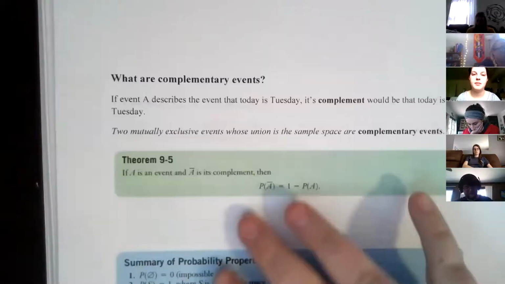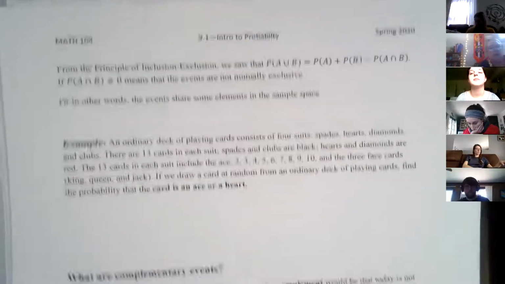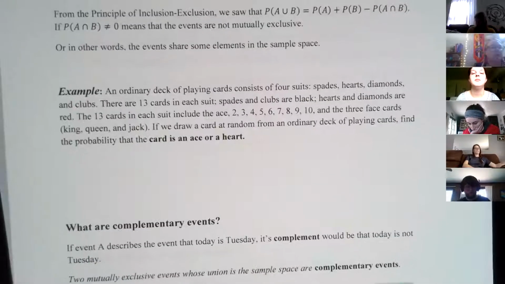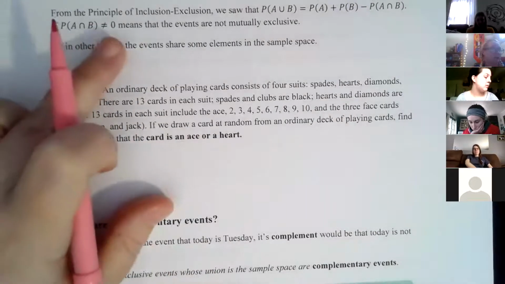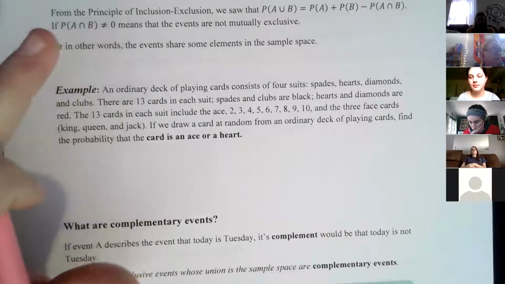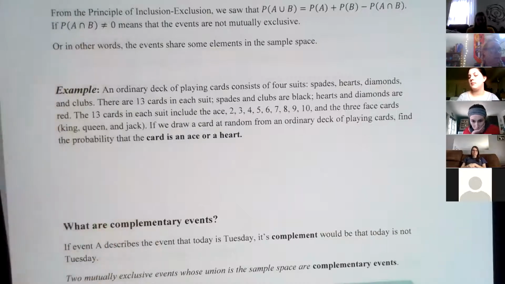So that's called, by the fancy word, the property of inclusion exclusion. And if their intersect is not empty, that means that they're not mutually exclusive, or they would share some events in the sample space.